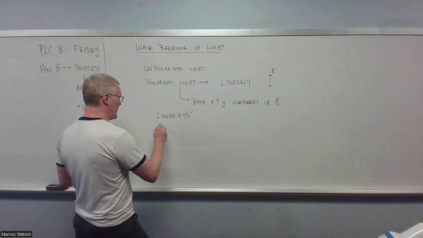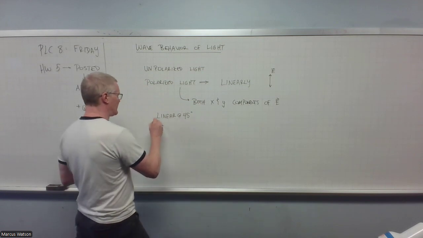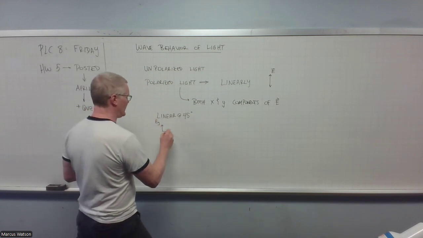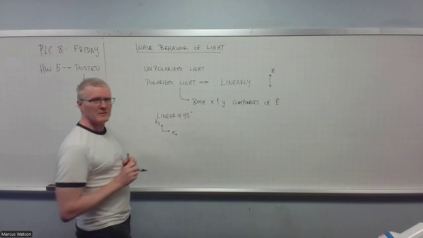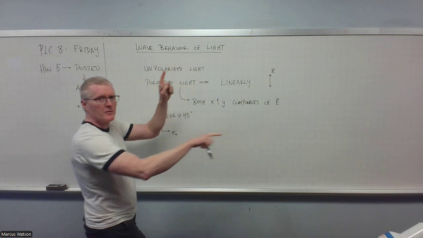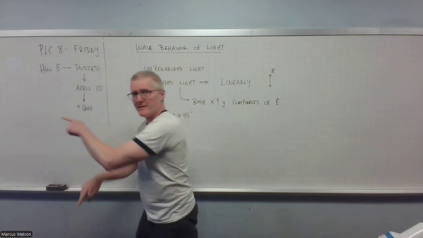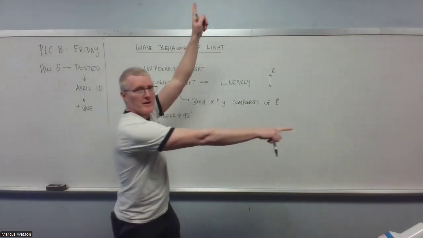That would mean that I would have, say, Y is up and X is that way. So I would have an EY that way and an EX this way. And then they would grow at the same time, and then they would shrink, and then they would grow this way at the same time, and then shrink.